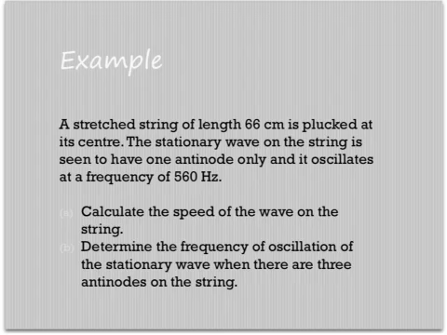Question A. Calculate the speed of the wave on the string. Question B. Determine the frequency of oscillation of the stationary wave when there are 3 antinodes on the string. Work out the answers yourself and compare yours with mine on the next slide.